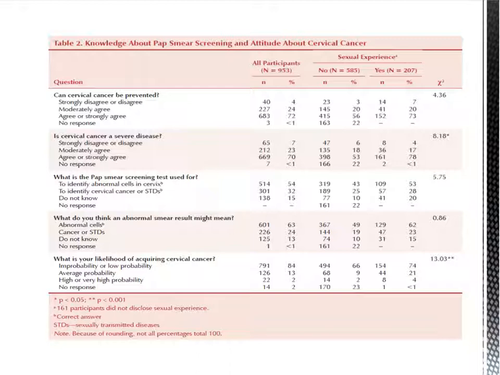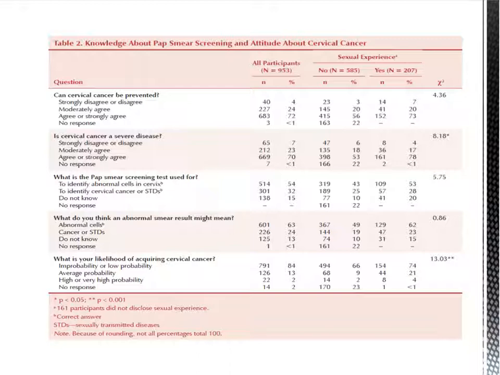The significant differences can be seen by looking at the last column under chi-square, and that's a little squiggly X with a 2 on the top. The chi-square statistic of 8.18 has an asterisk next to it, and that indicates the level of significance is p less than 0.05. And this information can be found at the bottom of the table.